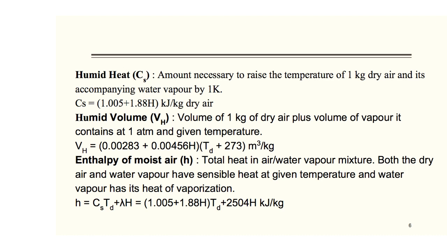So here we would have enthalpy H equals sensible heat plus latent heat of vaporization. So H equals Cs into Td plus lambda into H. Here we can put the value of Cs, which is 1.005 plus 1.88 into H, multiplied by Td, and the latent heat of vaporization of water is 2504 into H kilojoule per kg.